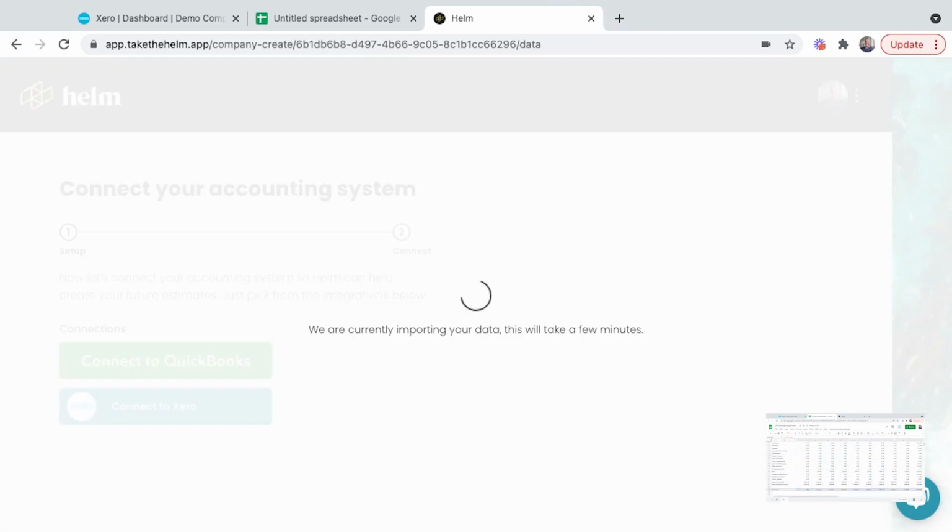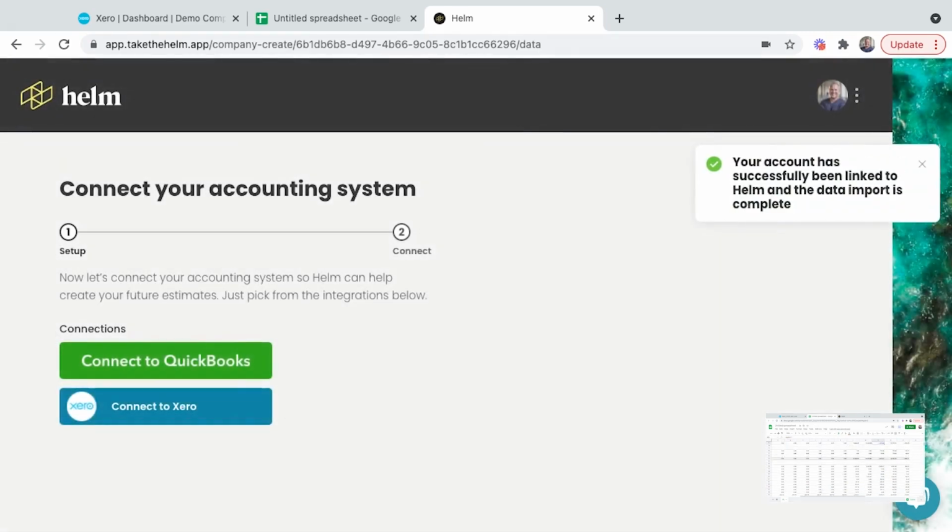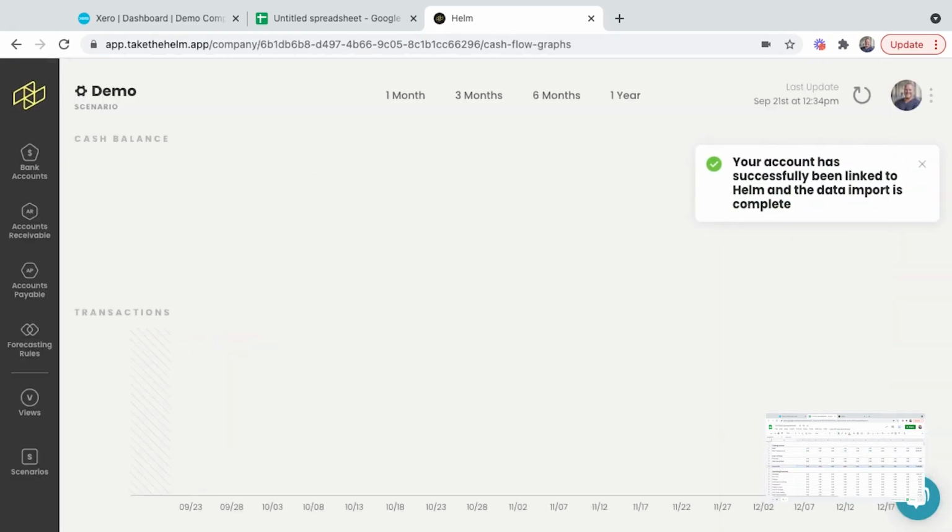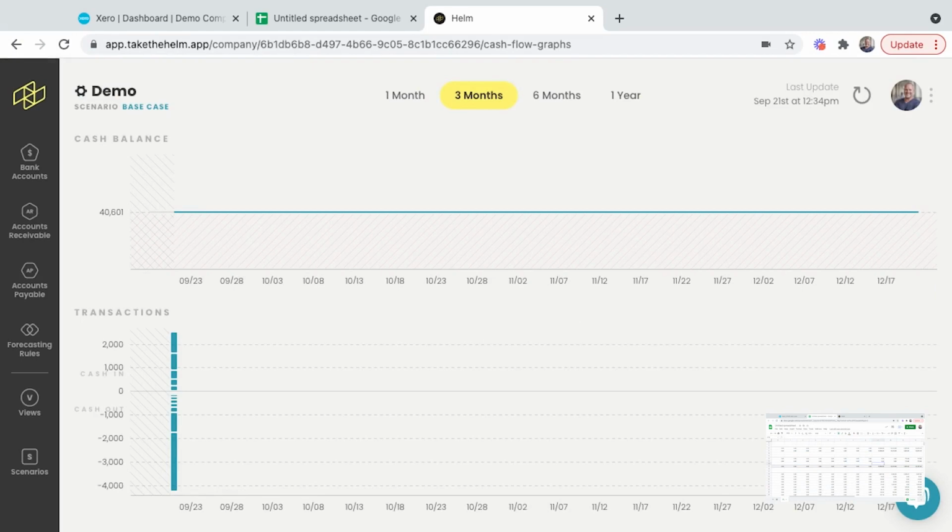And now that we're connecting to the ledger system, what's happening is Helm is looking at bank accounts. It's pulling in all the accounts receivable. It's pulling in all the accounts payable. It's essentially creating a starting point for the forecast.